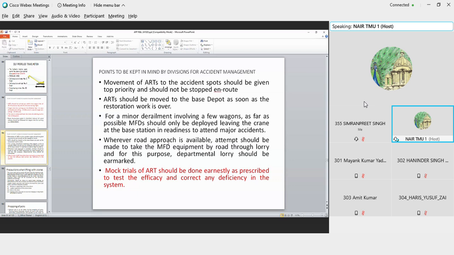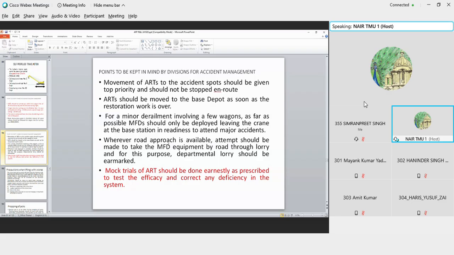Now, besides the ART, there is some small re-railing equipment also, which in colloquial terms is called MFD or LUCAS. These are two companies which had provided these jacks to Indian Railways, but the name got stuck. So when an accident has happened and you are standing in the control, he will say that either the ART is ordered or the MFD is ordered.